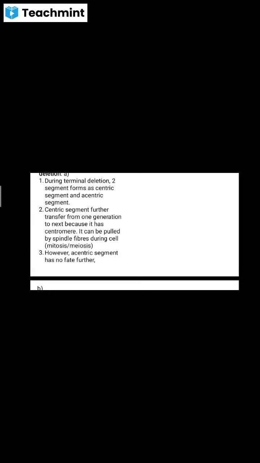Here, the centric segment is further transferred from one generation to the next because it has a centromere and it can be pulled by spindle fiber during the cell division. सेल डिवीजन हमने स्टडी की है, तो सेल डिवीजन में क्या होता है, जब भी मेटाफेज होता है, मेटाफेज के बाद कौन सी फेज आती है?